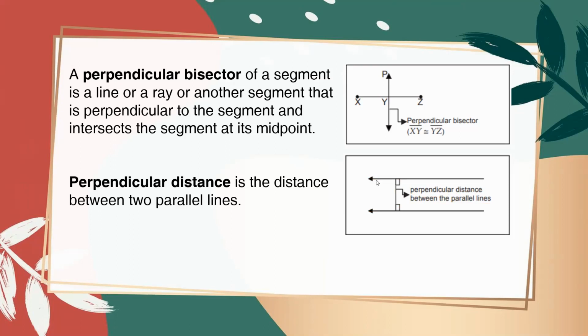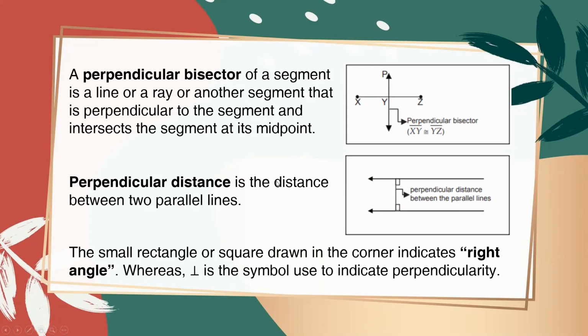Okay. There are things that we should always remember, that the small rectangle or square drawn in the corner indicates a right angle. This one.